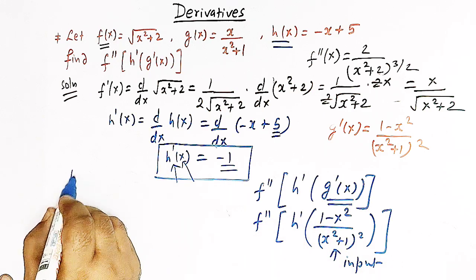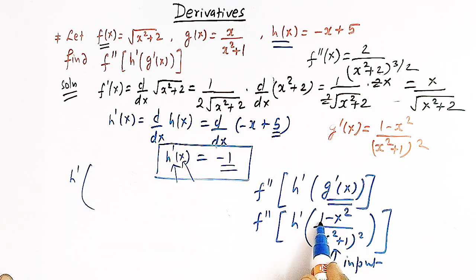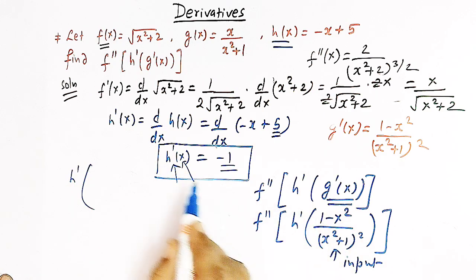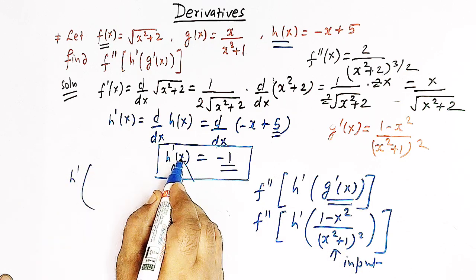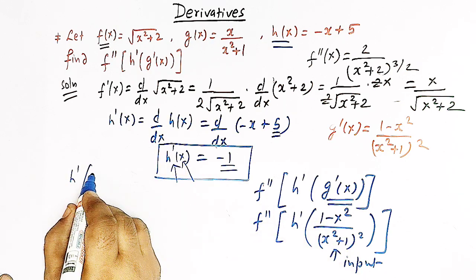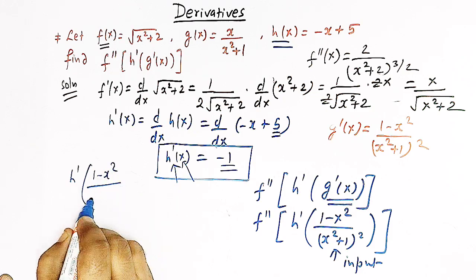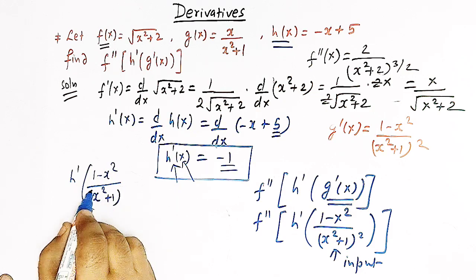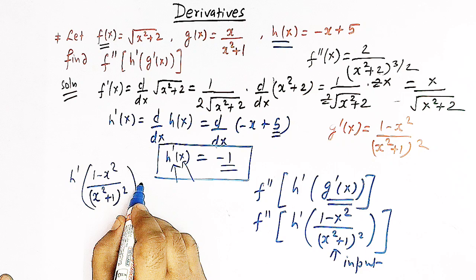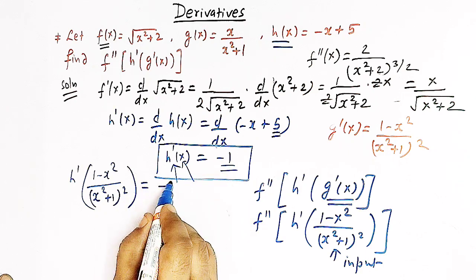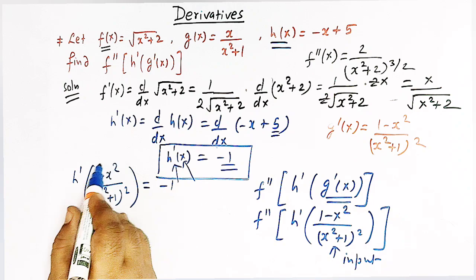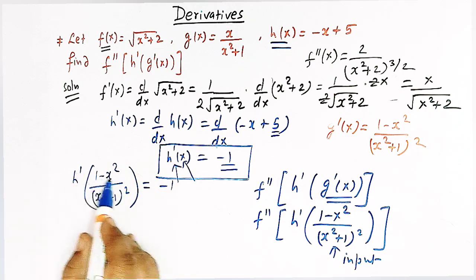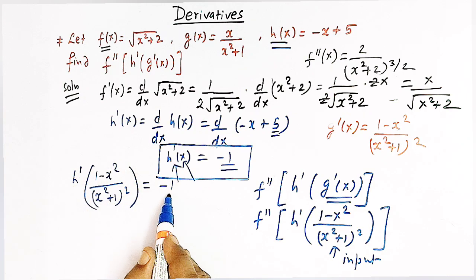So if we take this function as input, then we have h prime of, for x we can now write 1 minus x square over x square plus 1 whole square, is equal to minus 1. So for this input, h prime of this function is equal to minus 1, right?